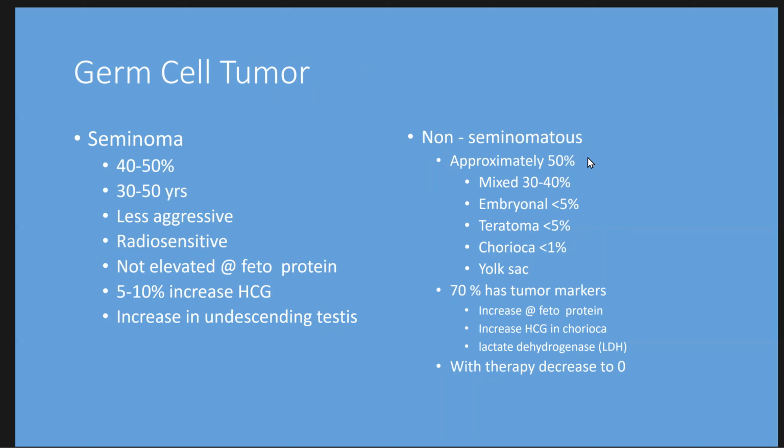Non-seminoma is approximately 50 to 60%. We have subtypes: mixed, embryonal, teratoma, choriocarcinoma, and others, and the tumor markers are elevated in about 70% of these patients.